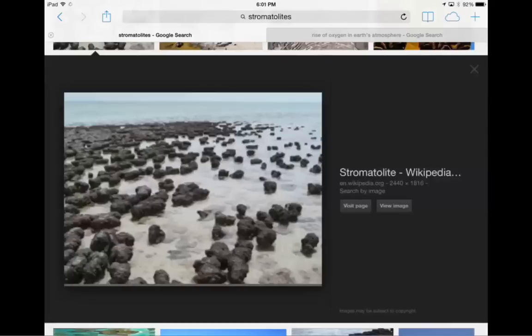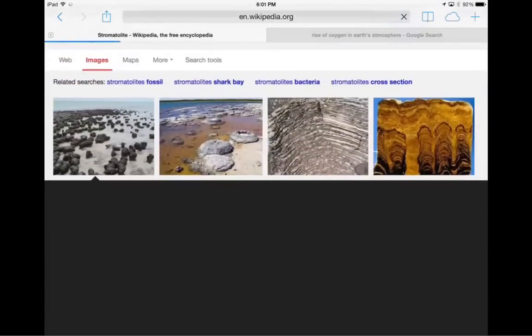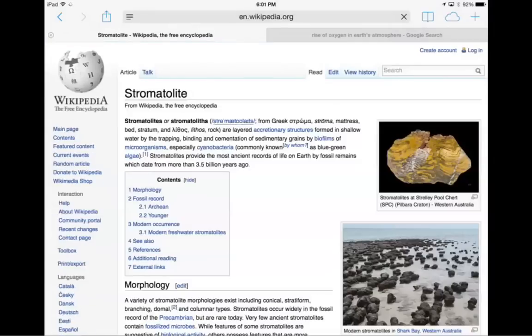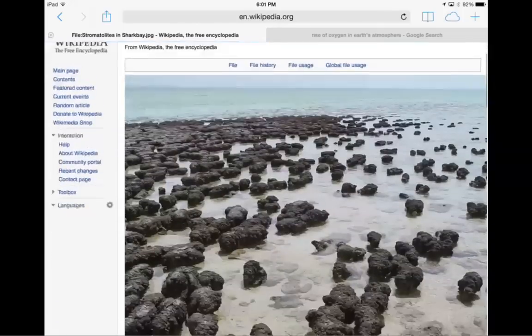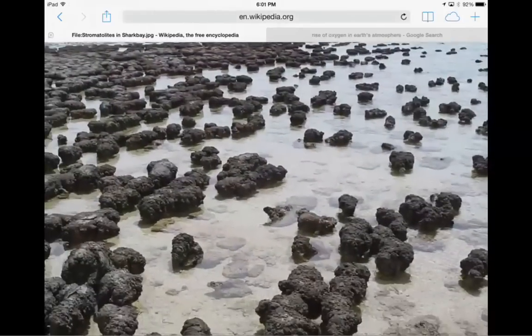You can find these in Australia. Thank you, Wikipedia. And these interesting little green things, they almost look like mushroom caps. These things are what we call stromatolites, and they're layer upon layer upon layer of bacteria.